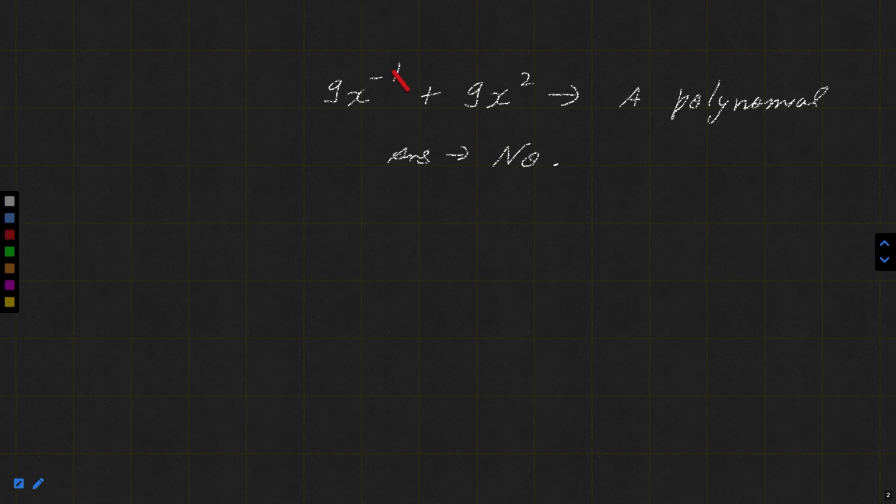Because here the power of x is negative, but in polynomials the index of x must be like 0, 1, 2, 3, 4, 5 and so on, but not minus 1, minus 2, minus 3.